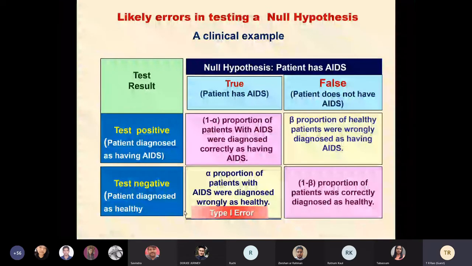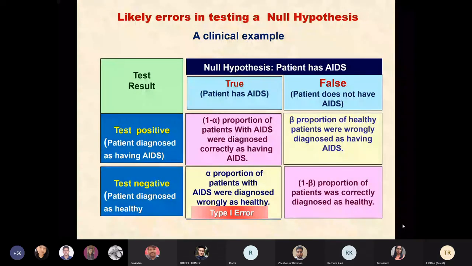This is the type 1 error. They had AIDS and your test goofed and they were declared healthy. That is dangerous because this guy will go home and infect his wife and any other woman he comes in contact with. Right?